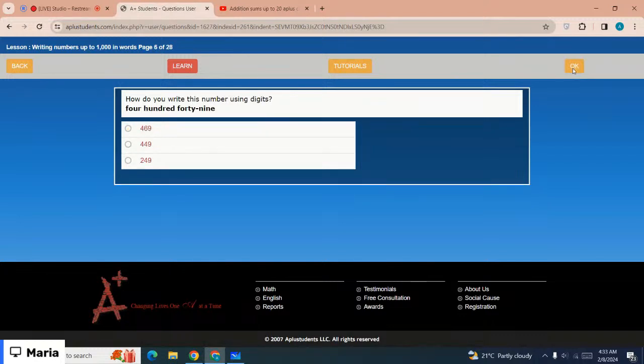How do you write this number using digits? 449. So, which is the correct option?